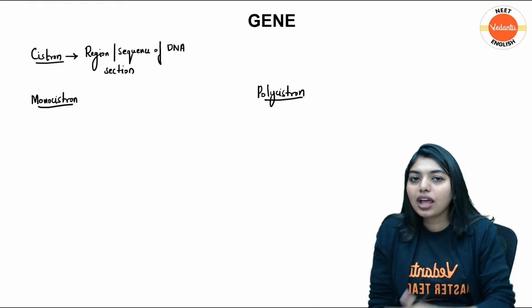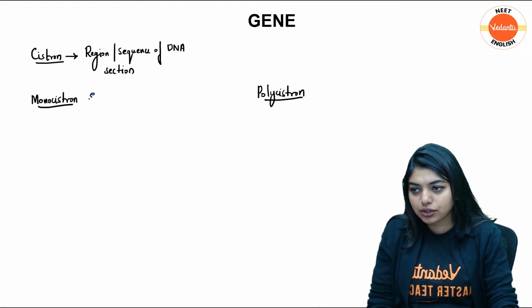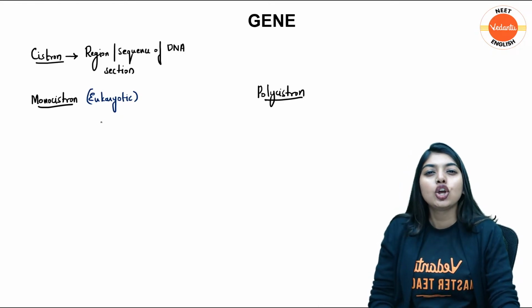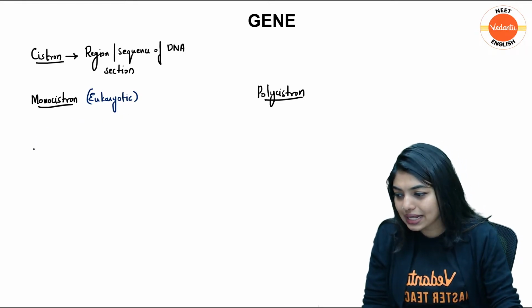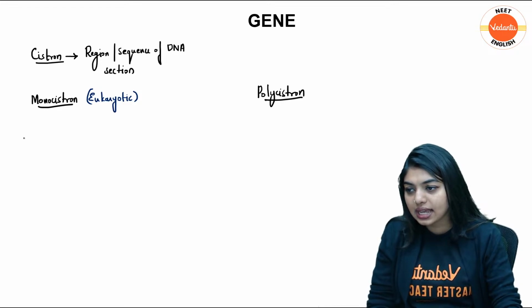Okay. Our eukaryotic gene. What is our eukaryotic gene? It is a little complicated. We have something called the split gene. What did I say? Split gene. I'll tell you why.